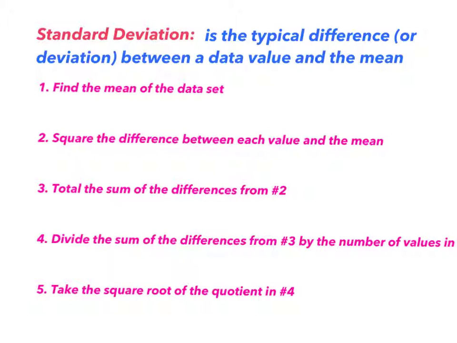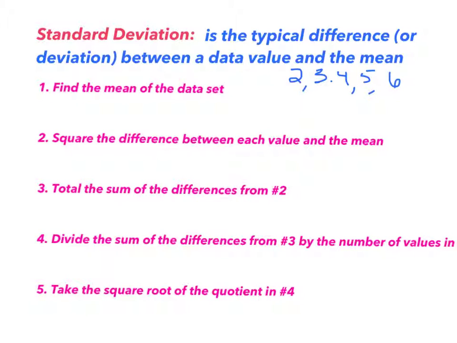So, once again, the standard deviation is the typical difference, or what we call the deviation, between a data value and the mean. So, of course, your first step to finding the standard deviation of a particular data set would be to find the mean of the data set. The data set that we are using for our example, remember, is 2, 3, 4, 5, and 6.